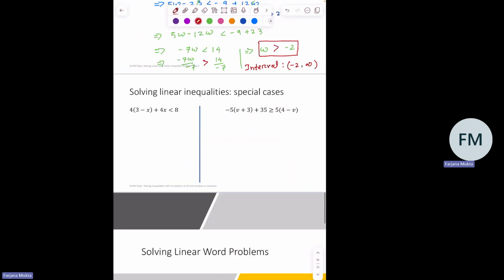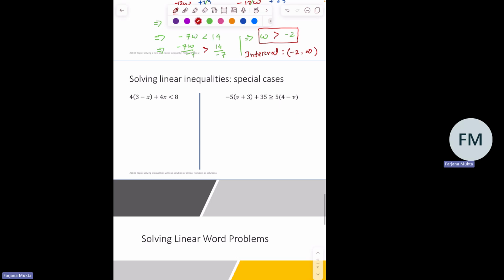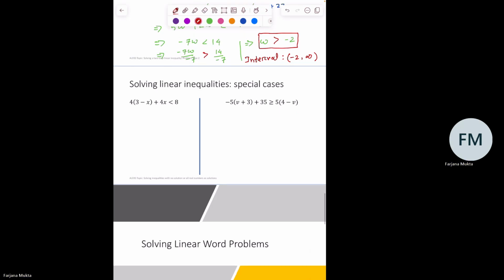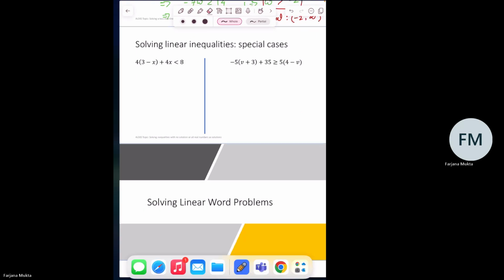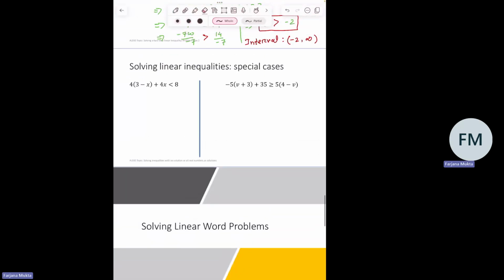All right. Moving forward, right? Here we have two inequality problems, which says special cases. The first one, let's start with the distribution.